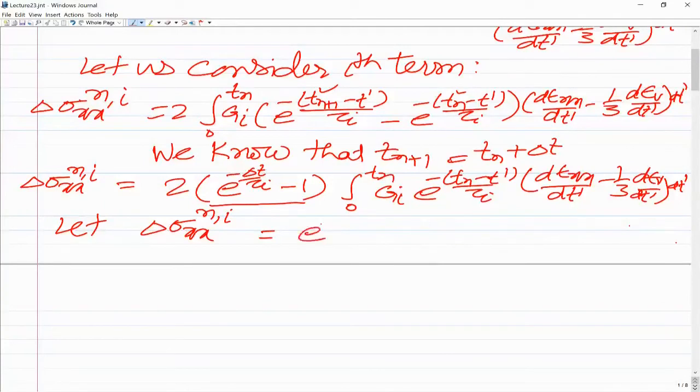So we will have e to the power minus delta t upon tau I minus 1 into delta s.